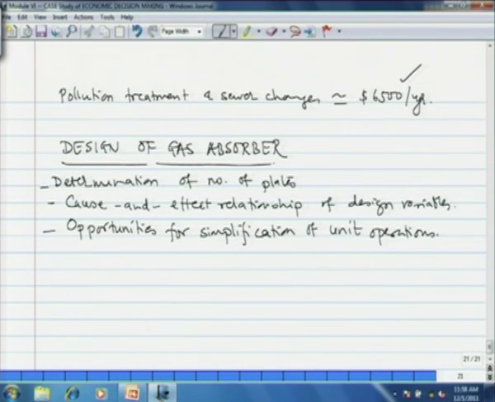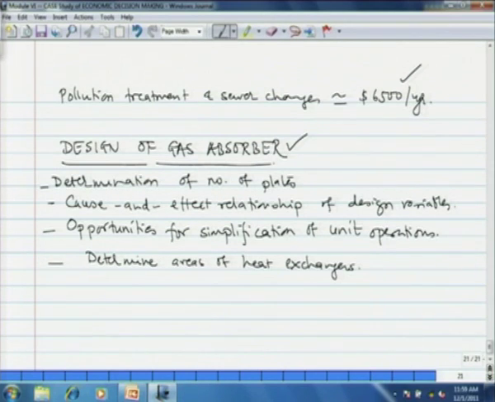Now, of course, in addition to this, we have to also determine the areas of heat exchanger that we are going to use, and also the distillation column. Okay. But the principal or major unit of this particular module is design of the gas absorber, and then we start with it.